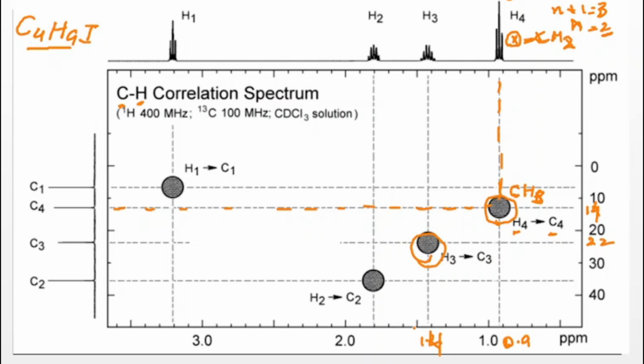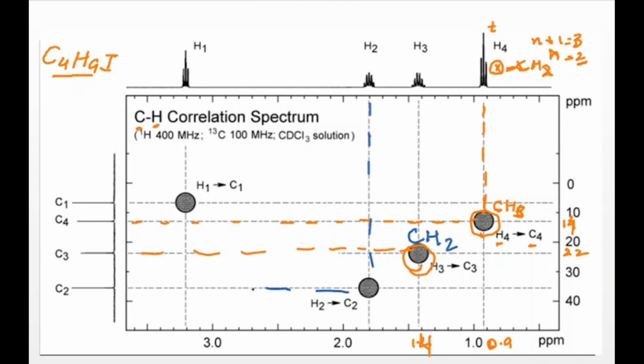Here you may see that it is very possible that it is the CH2 group. Now this is also a CH2 group, and it is correlated with the C2.